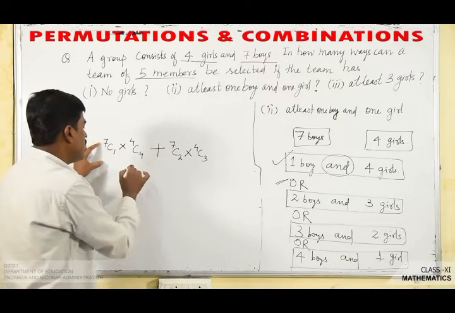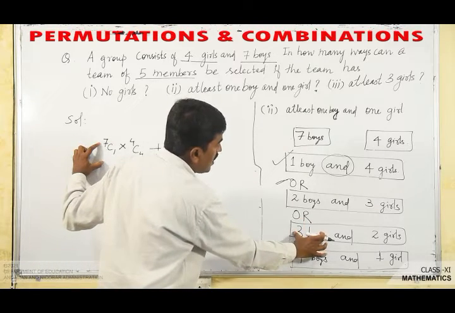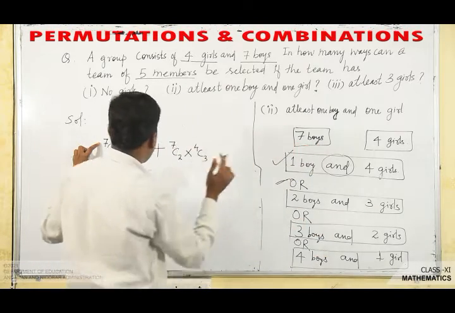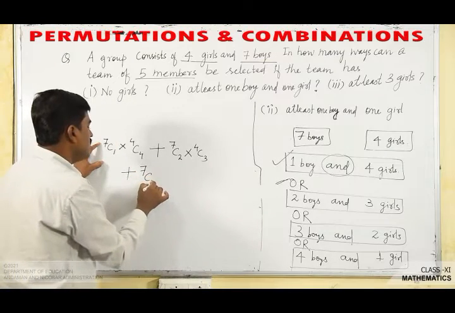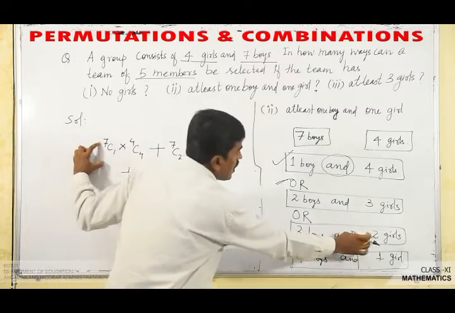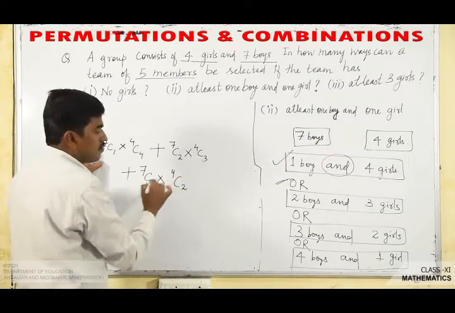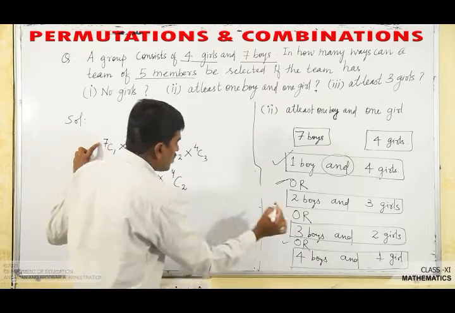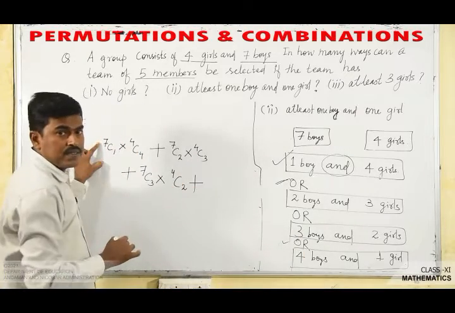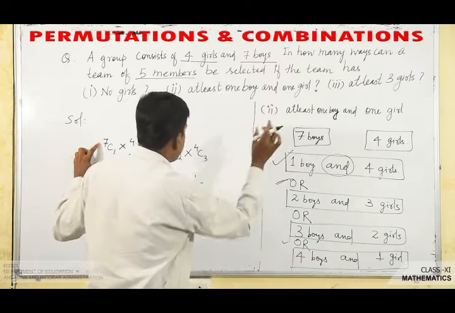Then plus, next case is we have to select 3 boys out of these 7 boys. So it is 7 C3 and is there, so into 2 girls out of these 4 girls. So it is 4 C2. Then come to this OR, so it is plus. Next we have to select 4 boys out of these 7 boys.